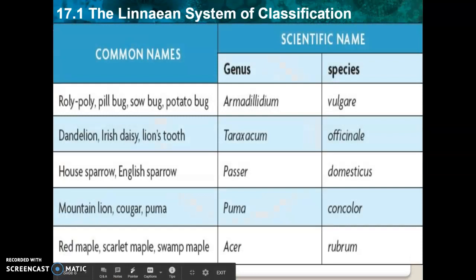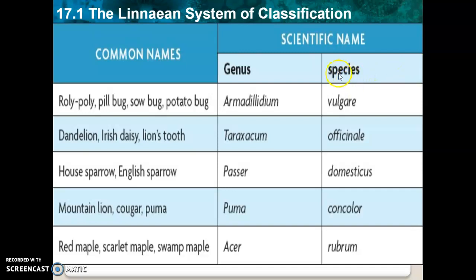So to look at a couple other little examples here, a couple of things that I noticed when I look at this one, I see the house sparrow and the English sparrow has the same scientific name, so that means that they're going to be reproductively viable. That means that they can interbreed. And their name is Passer domesticus.